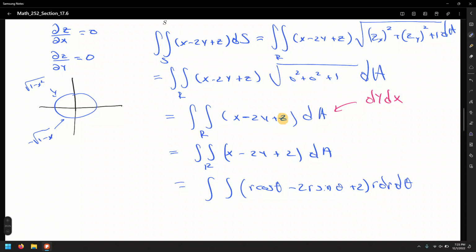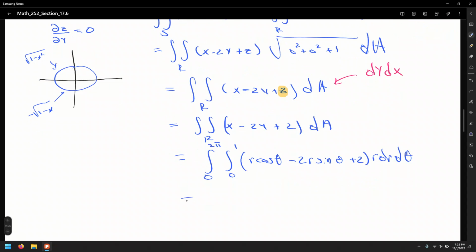So that goes from, well, in this case we want the whole circle, 0 to 2 pi. Actually first the radius, 0 to 1, and then 0 to 2 pi, right? Evaluating this integral should give us a 2 pi. All right?